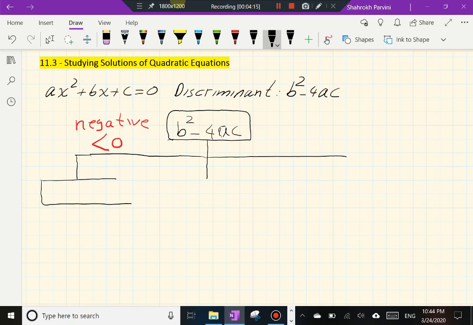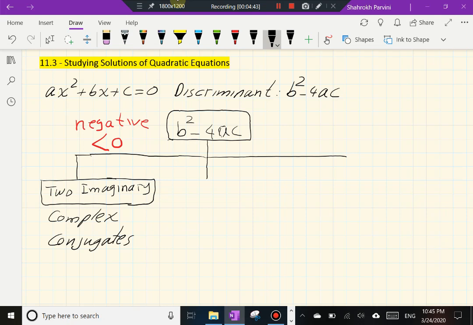And the result is we expect 2 imaginary solutions. So that's what's going to happen when the discriminant is negative. And in this case, we're going to have 2 complex conjugate solutions. So I'm going to write that, complex conjugates. That's what the 2 solutions will be.